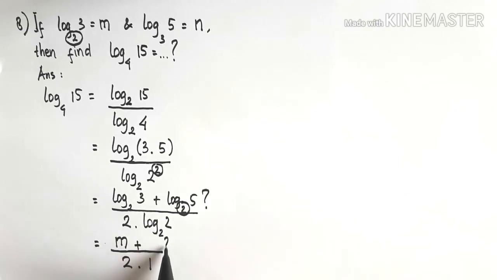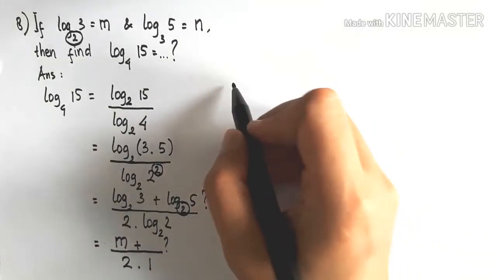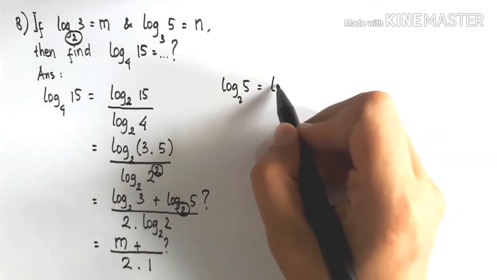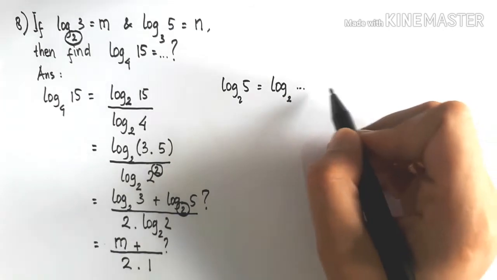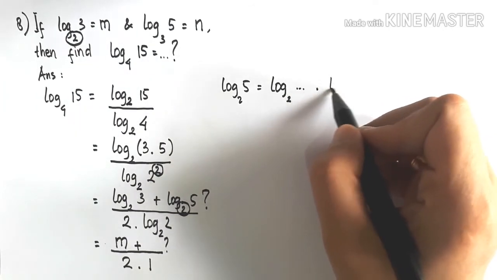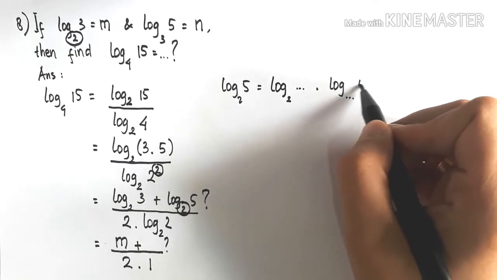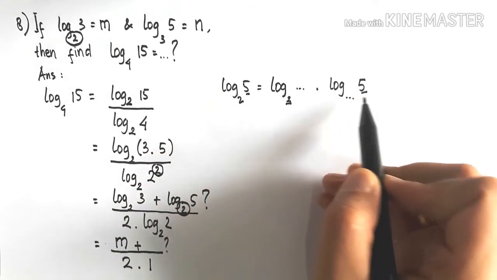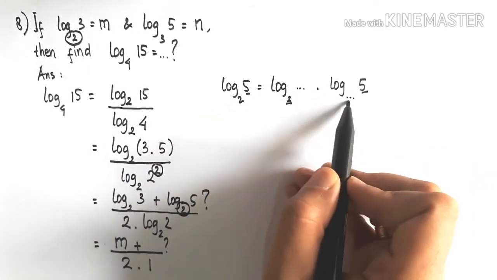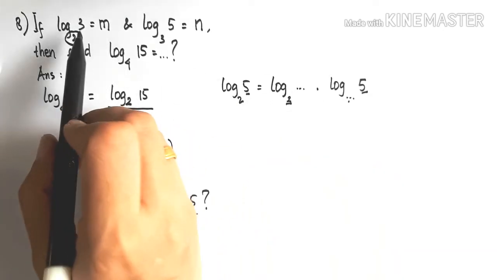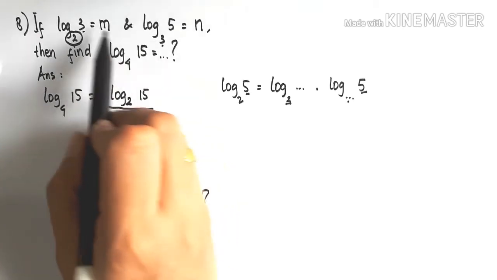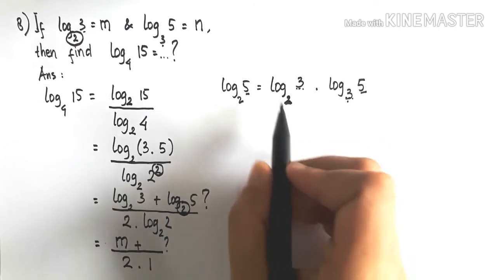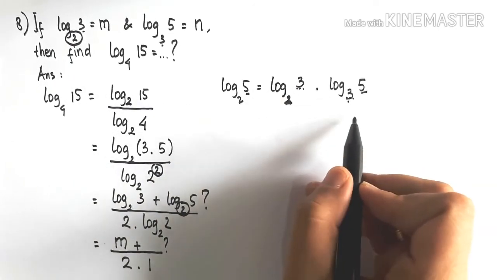Okay, now what is it? Yeah, log base 2 of 5. Log base 2 of 5 equals log base 2 of something times log base something of 5. Here it is 2 and the argument 5. What is the number here? It must be the same, and in the given we have 3. So it is log base 2 of 3 times log base 3 of 5.